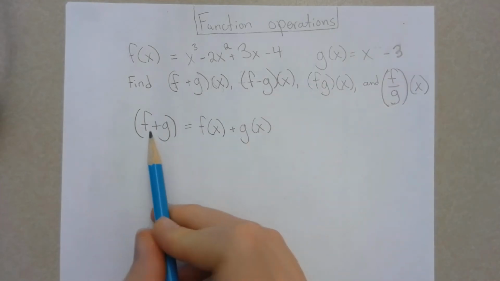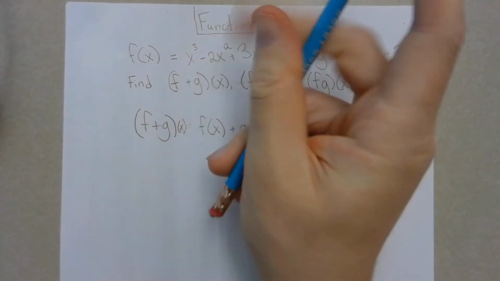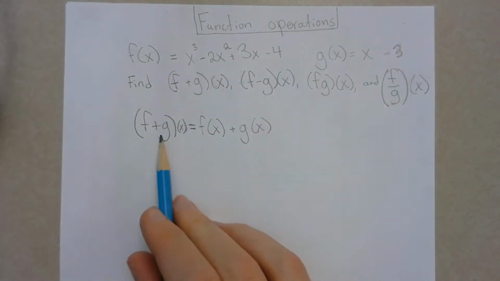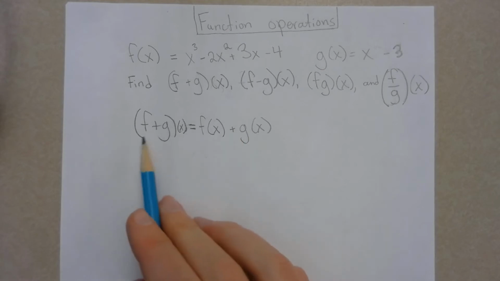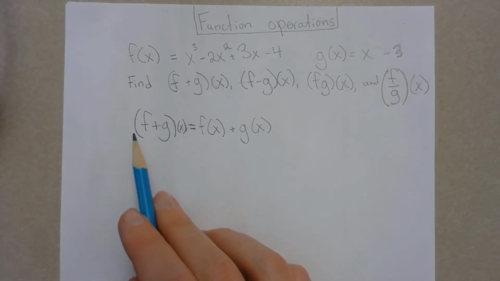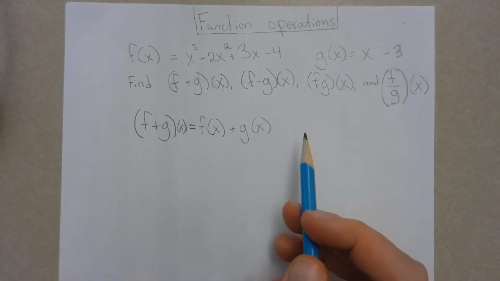So f plus g of x is equal to f of x plus g of x. This is just a more condensed form, but I think it's a little less clear. Okay, so f of x plus g of x.